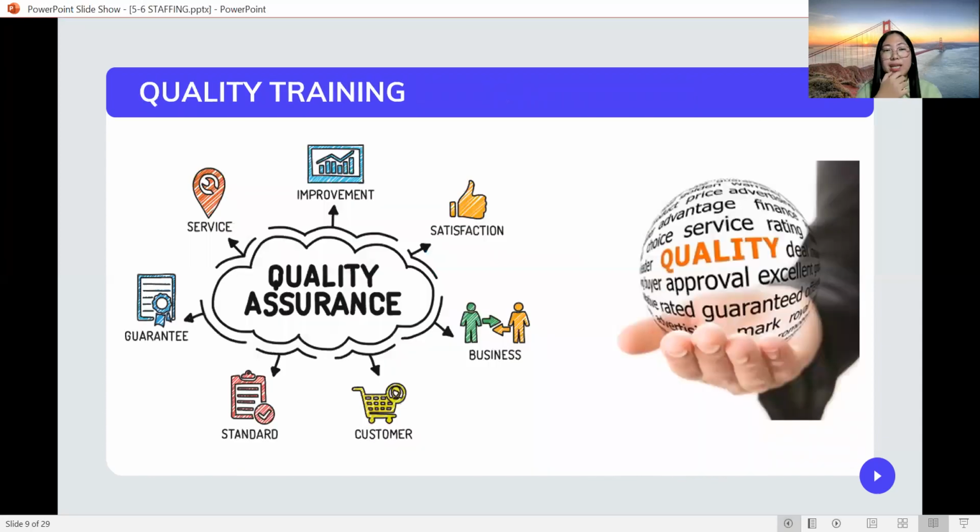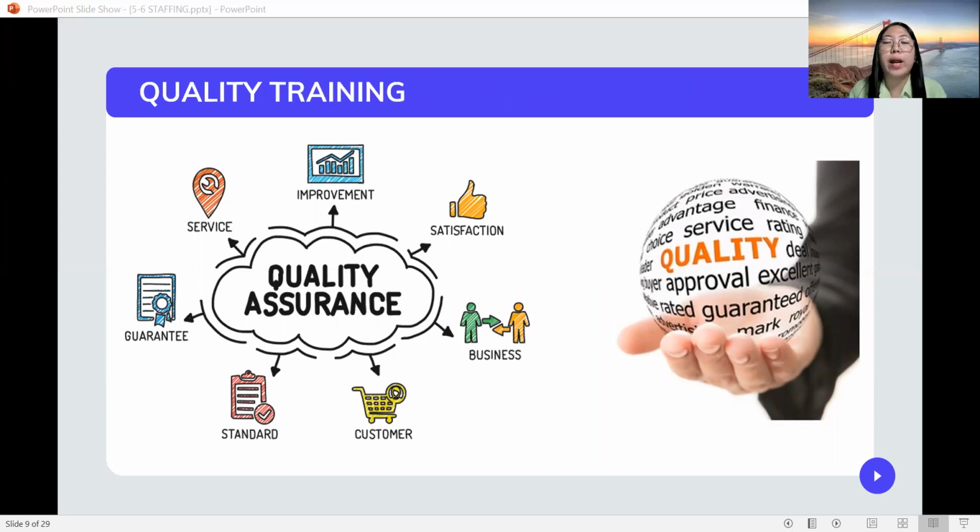So next one would be this one, the quality training. Quality training refers to familiarizing employees with the means of preventing, detecting and also eliminating non-quality items. It can usually be in an organization that produces a product, syempre, products or services.